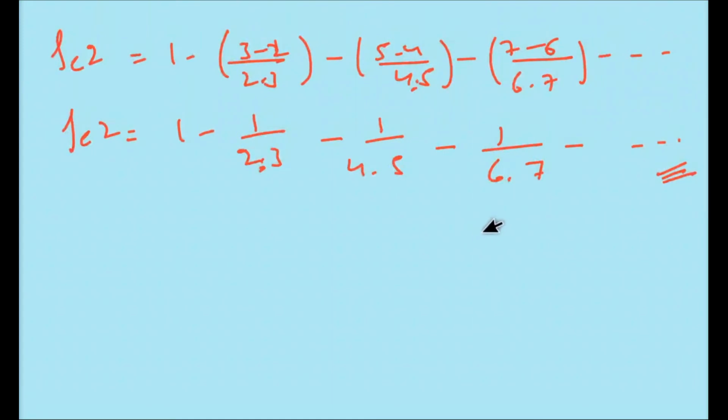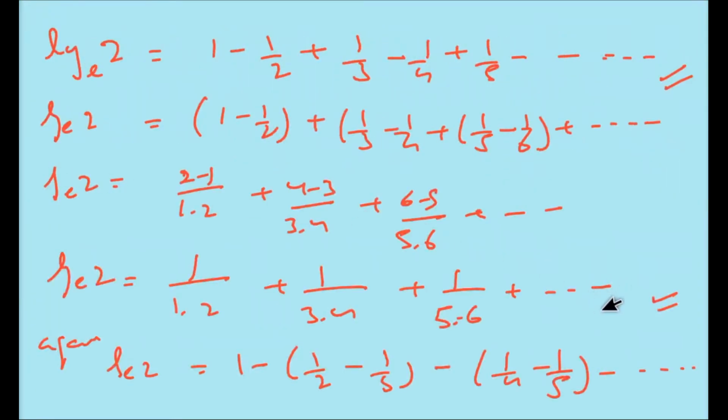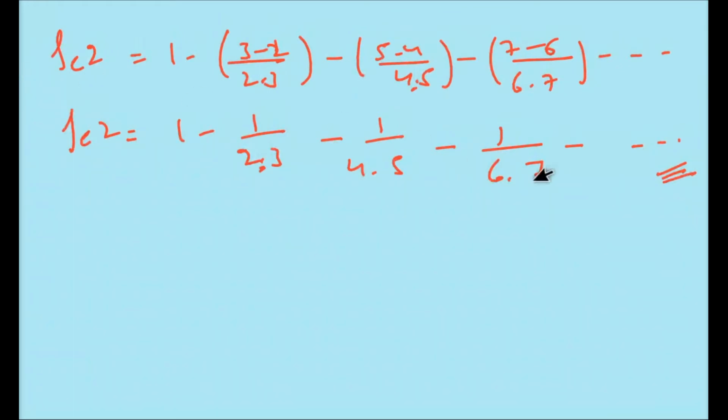Okay student. Now a very important point is this. Let us call the first series equation 1 and the second series equation 2. If we add 1 and 2, what do we get?